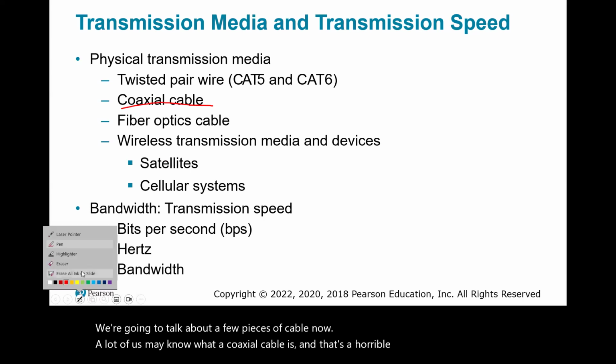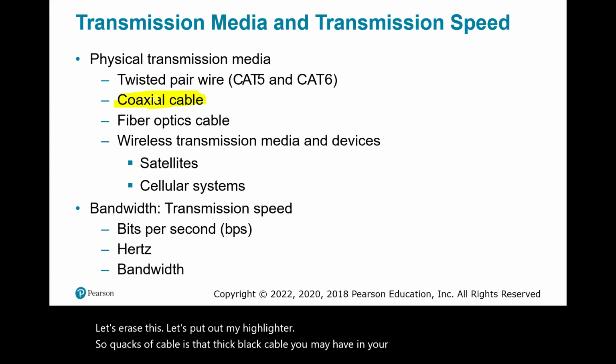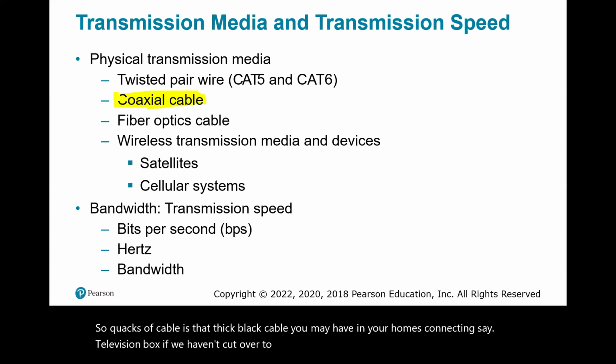Let's erase this. Let's put out my highlighter. So coaxial cable is that thick black cable you may have in your homes connecting, say, a television box, if we haven't cut over to streaming yet or cut the cable with cable.